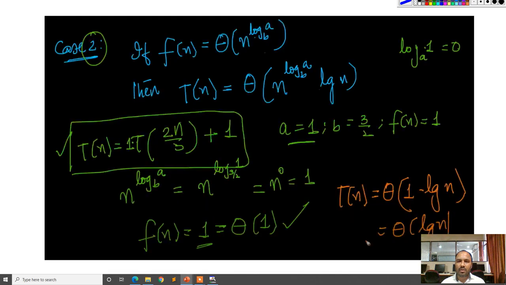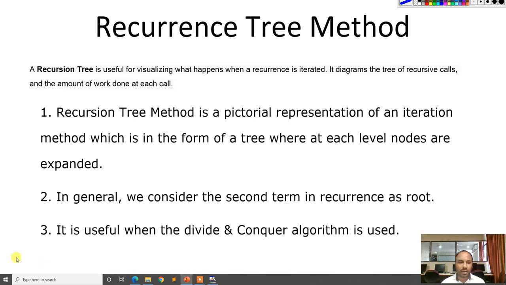And as per its name, we are supposed to draw the tree. If we have to build a recurrence tree, what are we supposed to do? We have to build a tree. After building the tree, there are several things we are supposed to do. We have to find out the height of that tree.